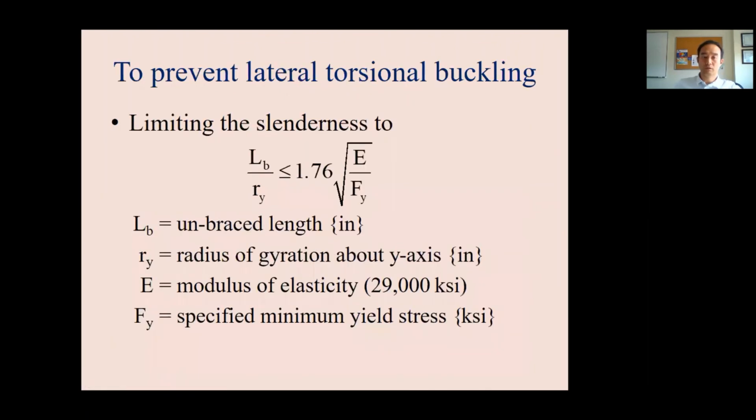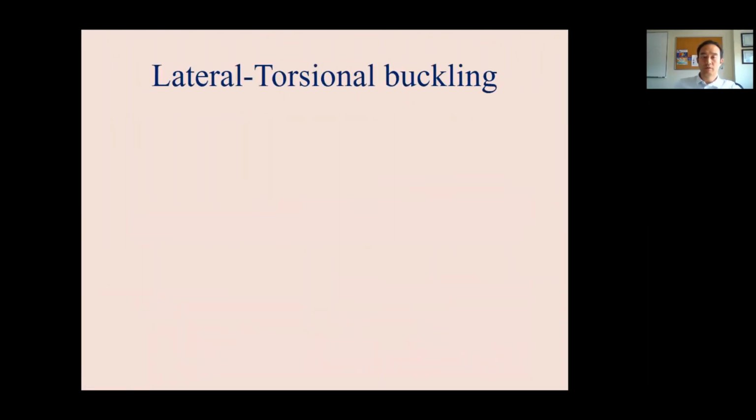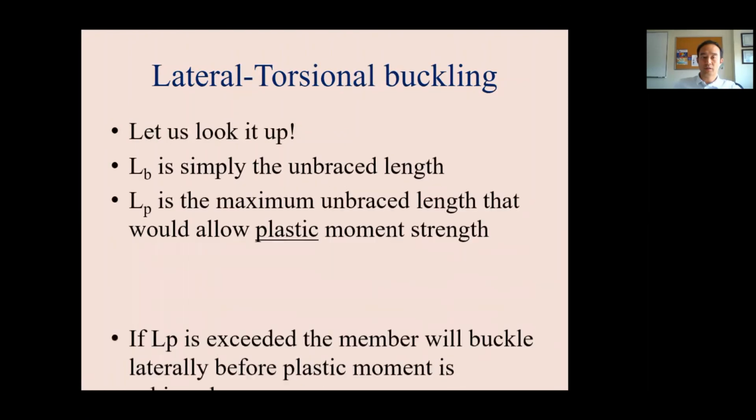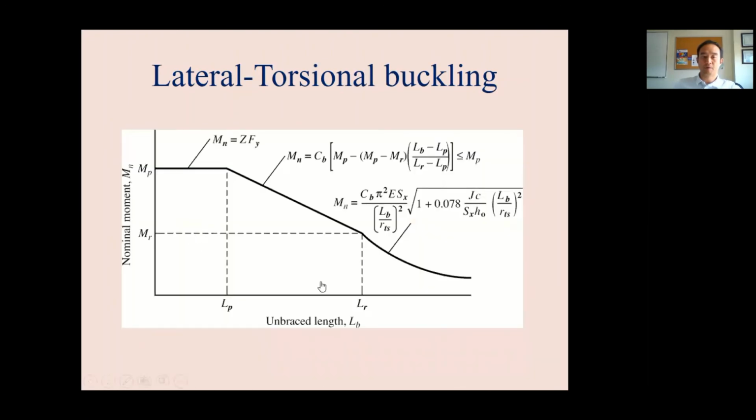Okay, so the most important chart is this. Let me just go on to, yeah. So this chart, which is very similar to the column buckling chart, right? We have yielding and then inelastic buckling and elastic buckling. This is exactly kind of the same.